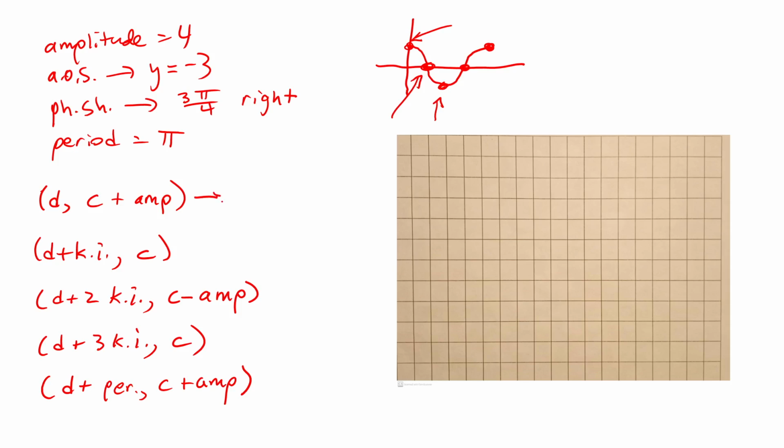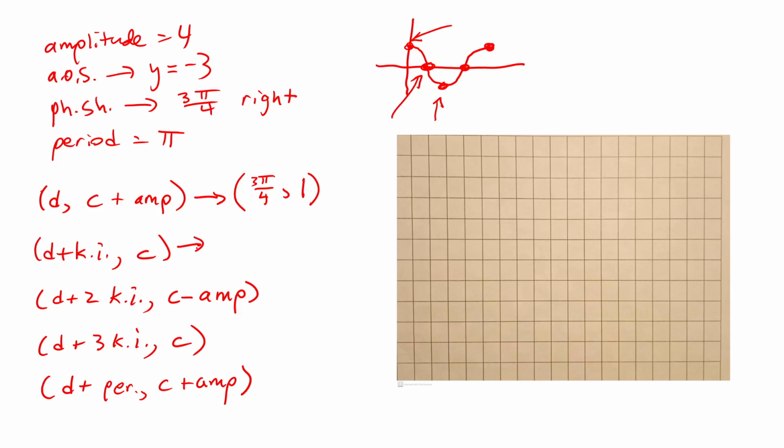Okay, well, the d value is 3 pi over 4, and the c value, like I said at first, is -3, and we're adding an amplitude to that. So -3 plus 4 is going to be 1.